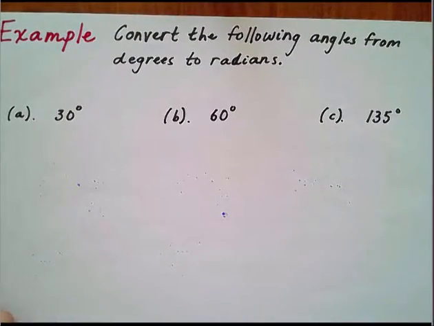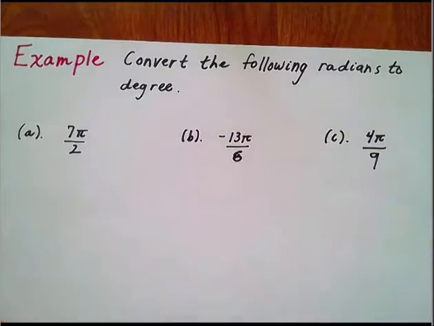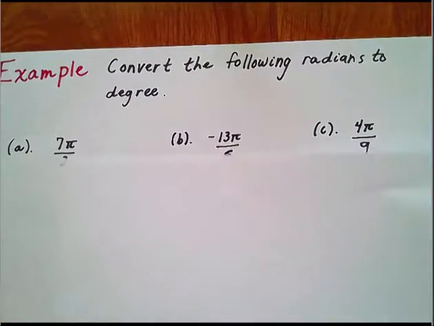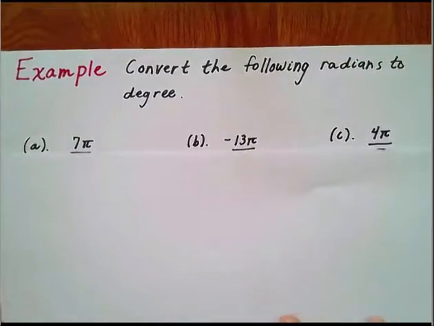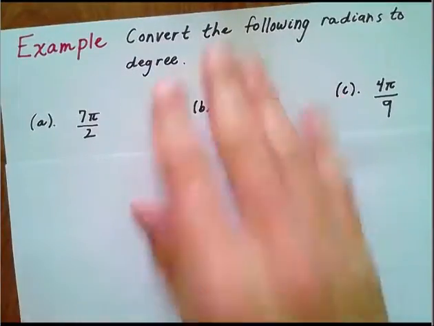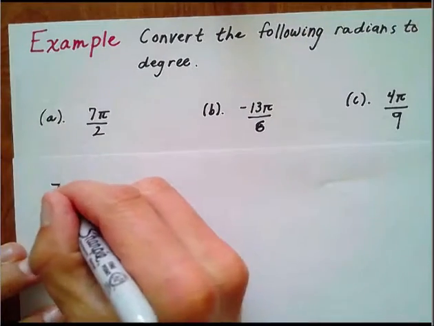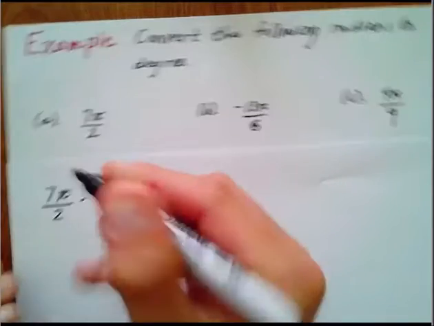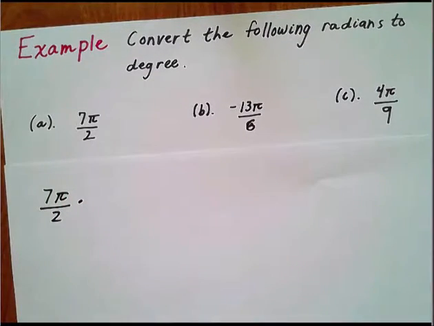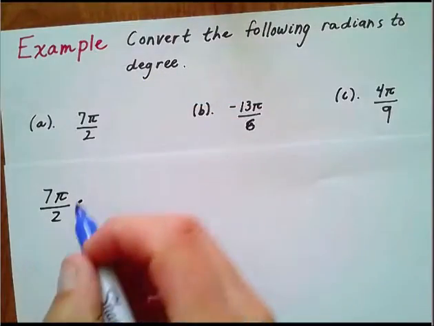Now let's go the other way. Let's look at a few examples where we're going to convert from radians to degrees. So I'm going to write 7 pi over 2. Now this is where it changes. Instead of pi over 180 degrees, we want degrees, so whatever I want is in the numerator.